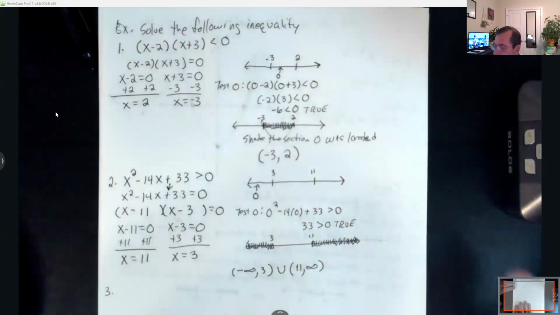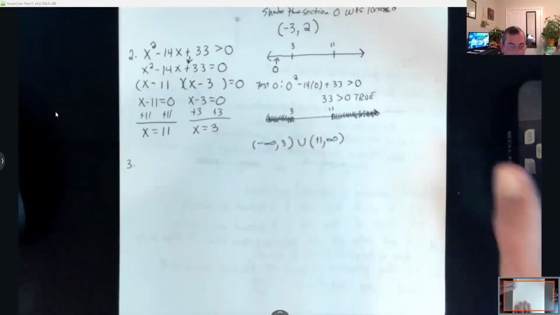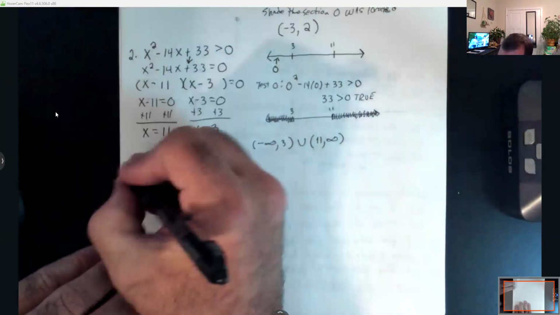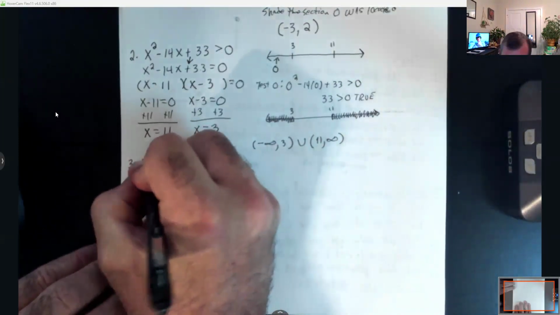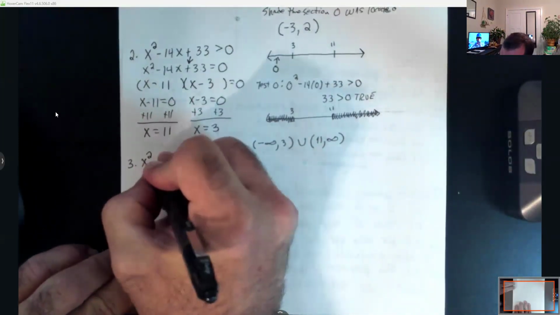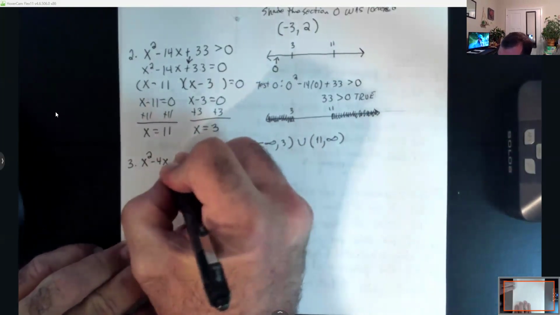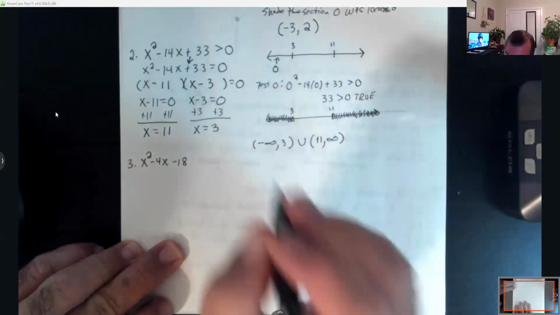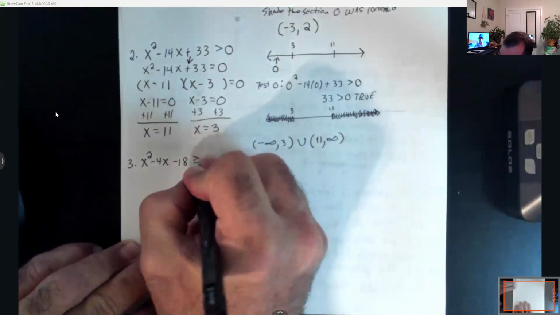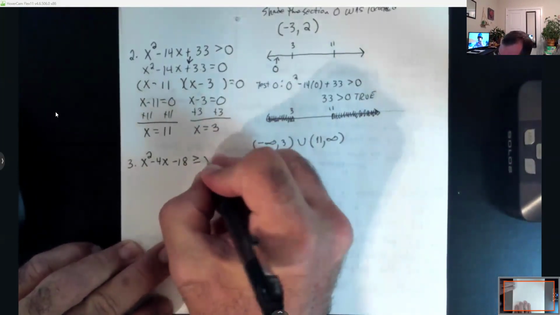All right, y'all, so let's move this down into number 3 here. All right, x squared minus 4x minus 18 is greater than or equal to x minus 4.